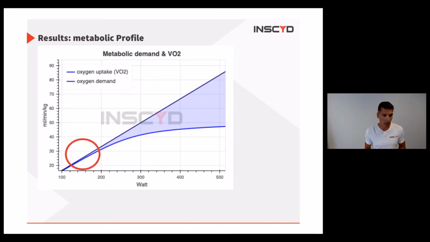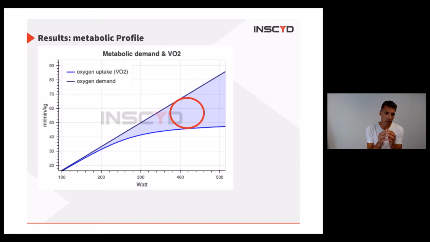And as you can see, as you would expect, at a relatively low intensity, almost all the energy needed is covered by aerobic energy metabolism. Hence, the VO2, so the oxygen uptake, is almost the same, almost equals the oxygen demand. If you move to a higher intensity, so in this example, somewhere in the ballpark, north of 400 watts, you can see that this gap is opening up, this blue area is opening up.